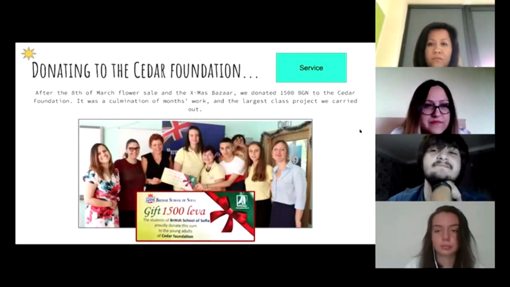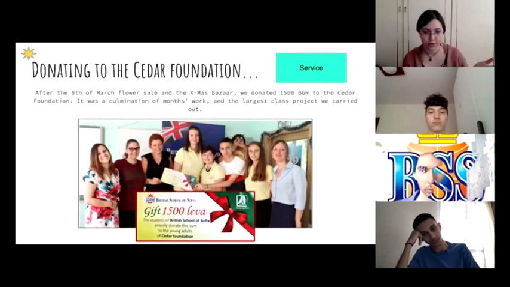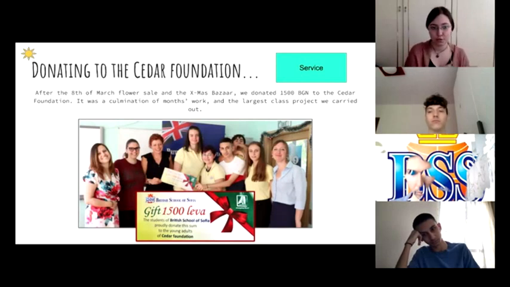And along with all of these bake sales, the 8th of March flower sale, and the Christmas Bazaar put together, we made quite a bit of money, and we put aside a part of it for student initiatives for future projects, which you're going to see later on. And we donated a total of 1,500 Bulgarian lev to the Cedar Foundation.